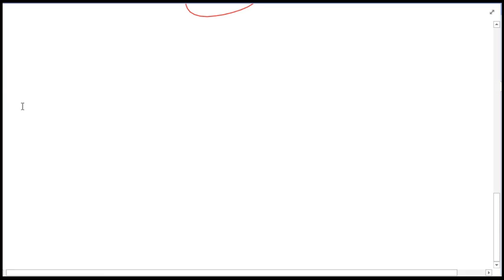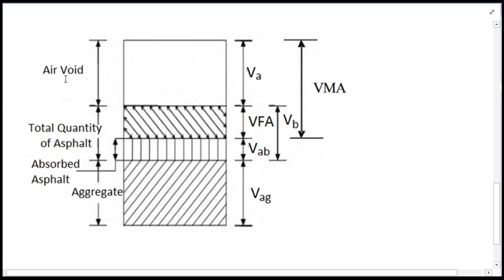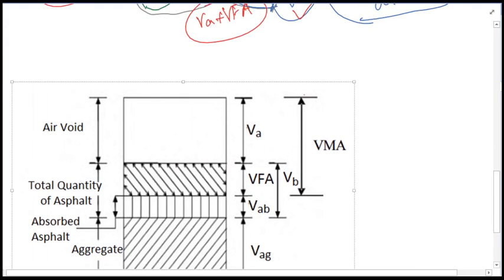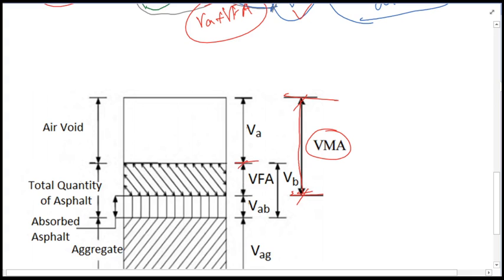So I can share the phase diagram with you now, and you'll be able to understand very easily. This one, the VMA, is the total void in mineral aggregate, but some of it is filled with VFA, that is, filled with asphalt. From this one to this one is the total quantity of asphalt, which can be further divided into two portions.